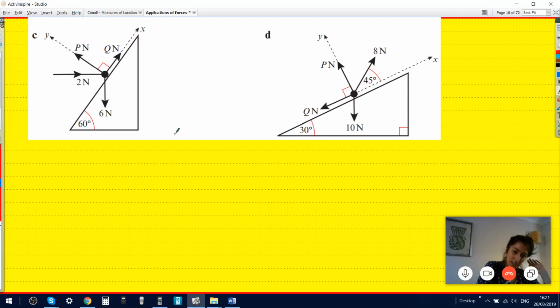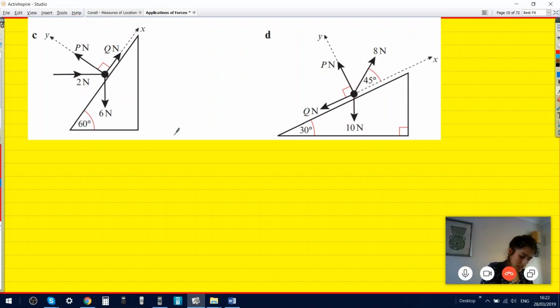But how do you draw that? Okay, so that goes up, and then that goes straight down. 6, and then that one goes in. That's 2N.